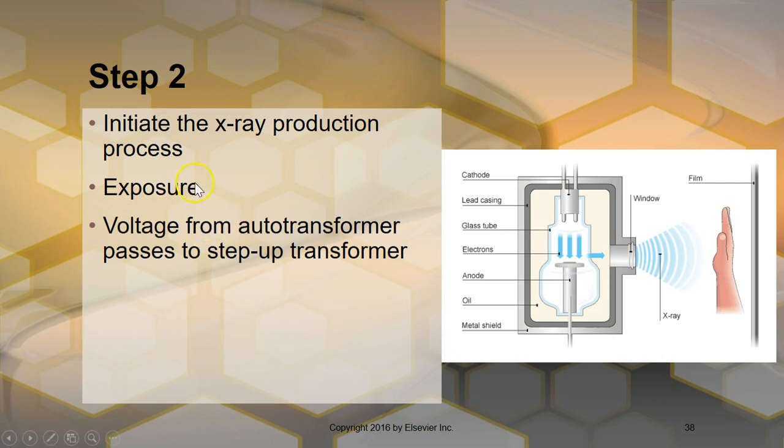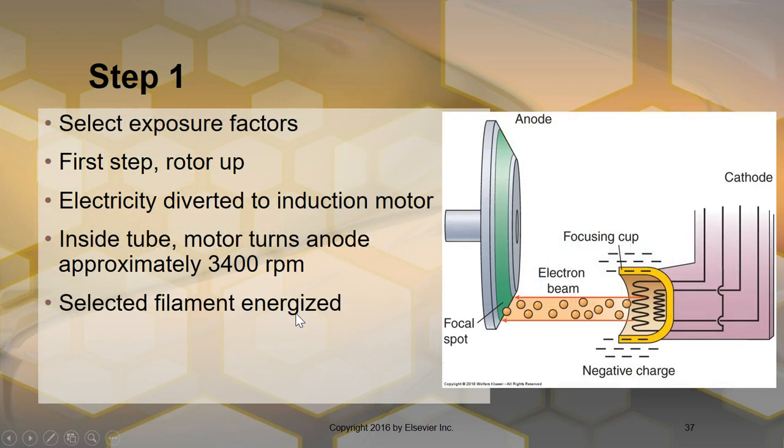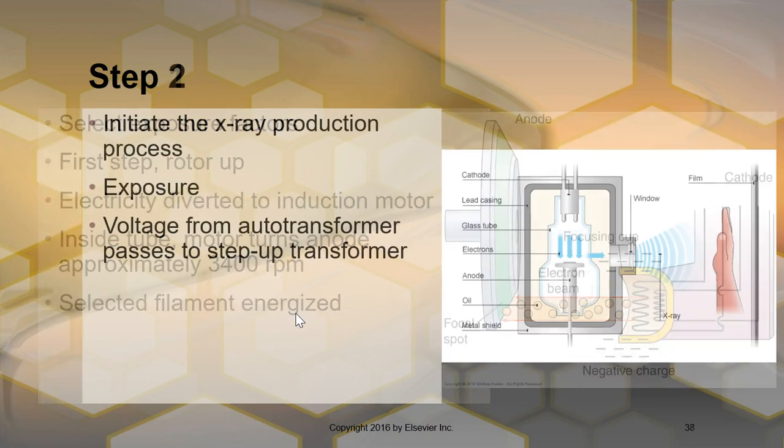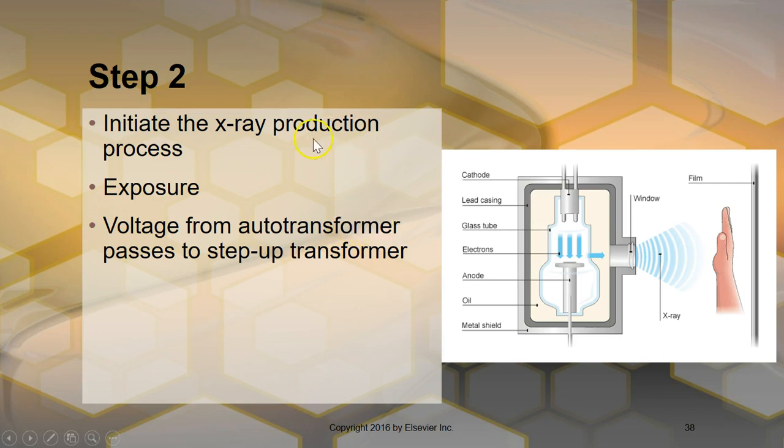But you do need to know: rotor up, everything's ready to go, hit the button all the way down, it initiates the process, and then it goes through all these other things. And then here's your window, there's your hand, and there's the film right there. So that gives you an idea of how it all works, and it's just a matter of seconds, milliseconds.